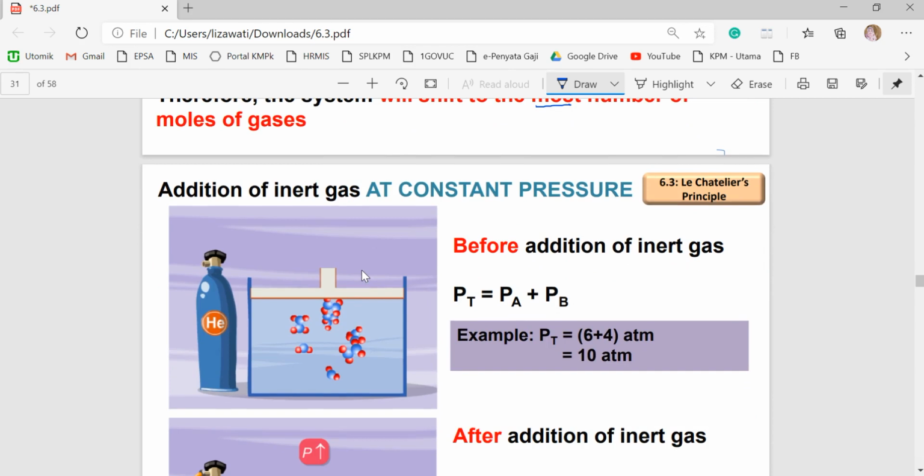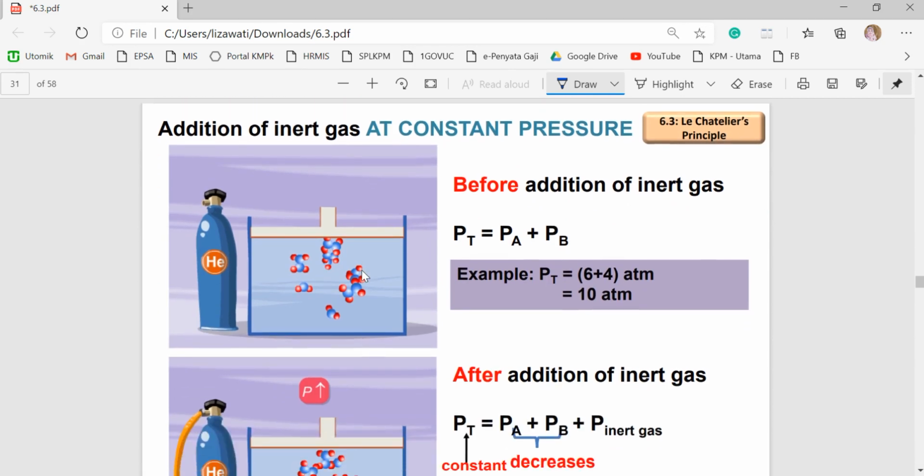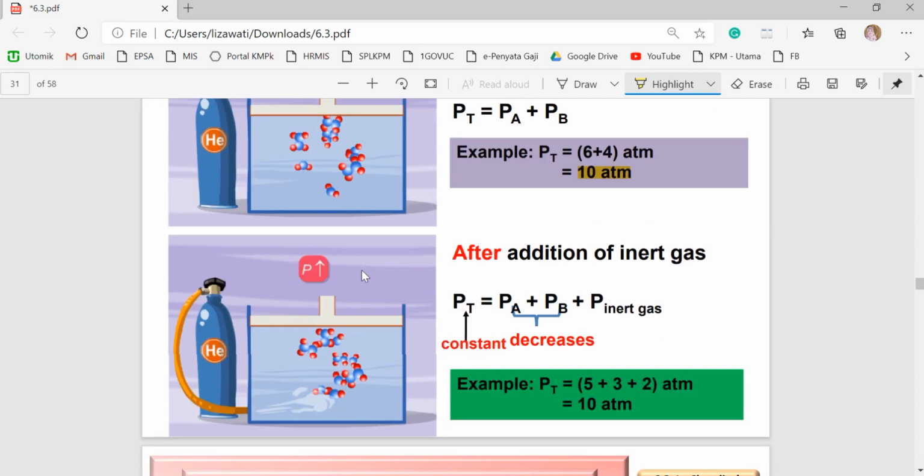Let's take an example here. Before adding the inert gas, the total pressure is 10. After adding inert gas, which is the helium gas here, because the pressure is constant, the total pressure remains the same.